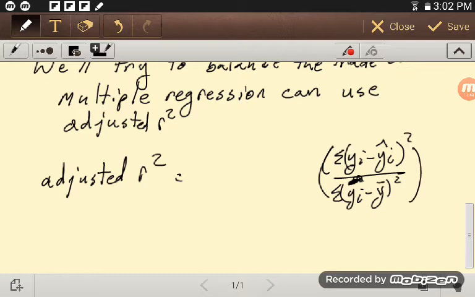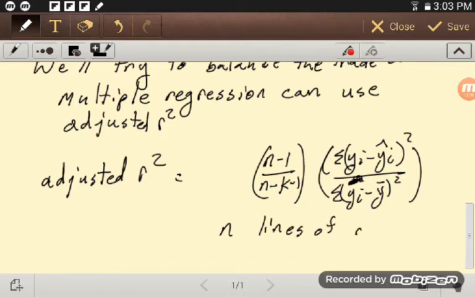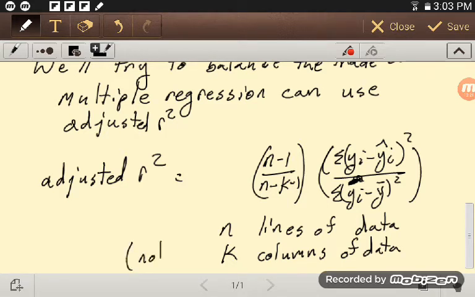So we want to take something like n minus 1 over n minus k minus 1. Okay, so here n is lines of data, and k is columns of data, not including y, so not y.